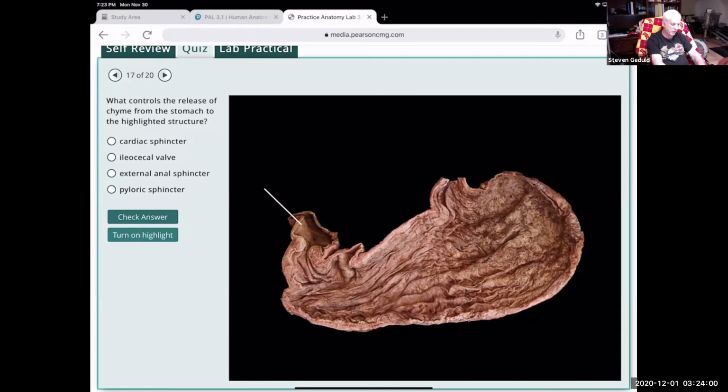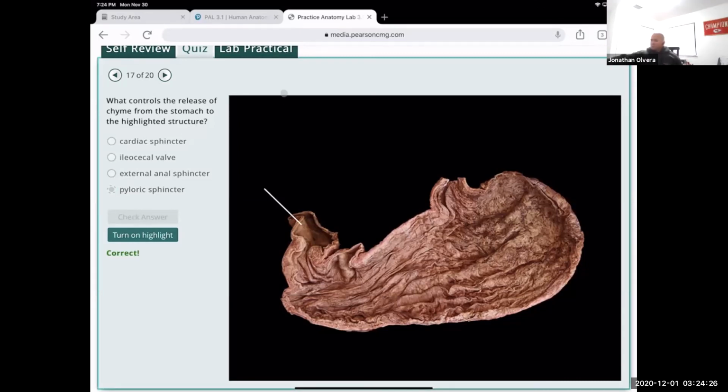So what controls the release of the chyme, which is the stomach contents after it's been all mushed together and milled around, to the duodenum? What valve? The pyloric sphincter, right? Because this is the pylorus part of the stomach. The pylorus, the caudate, and the fundus. So this is your pyloric sphincter. That controls release of the chyme from the stomach into the duodenum.